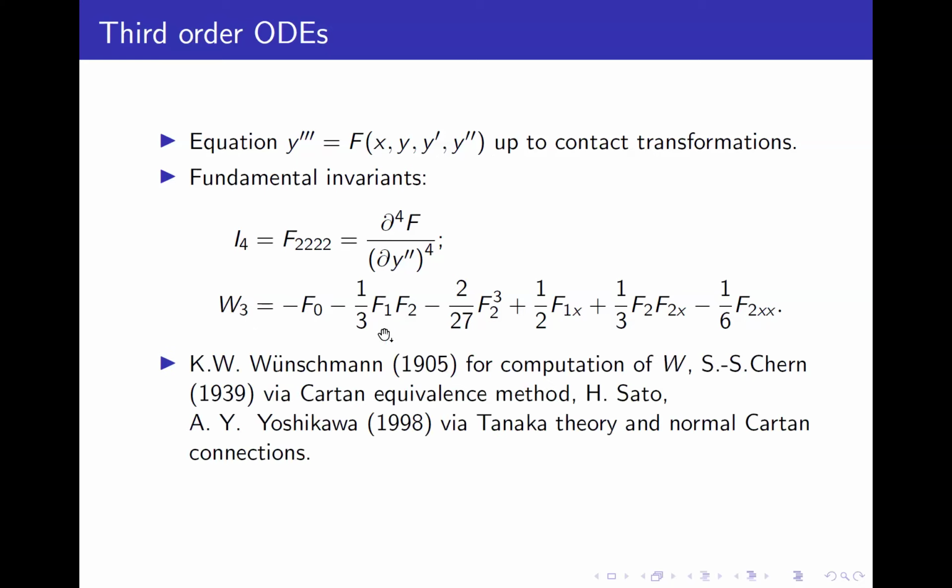Again, these two fundamental invariants were, well, actually, the big one is due to Wünschmann, as always. It's commonly known as the Wünschmann invariant of third order ODEs. But in general, the fact that these are two fundamental invariants is due to Chern in 1939, and again he used Cartan's equivalence method or Cartan connection approach.